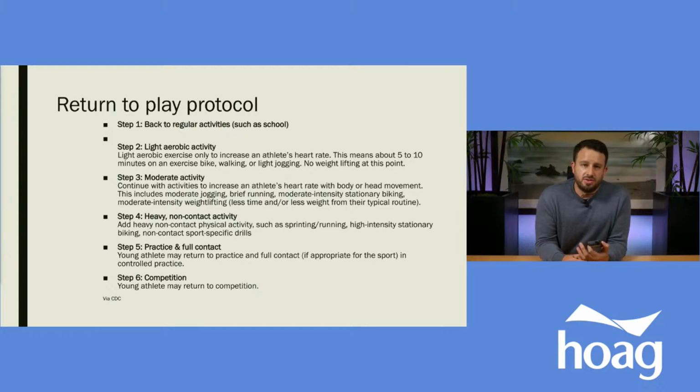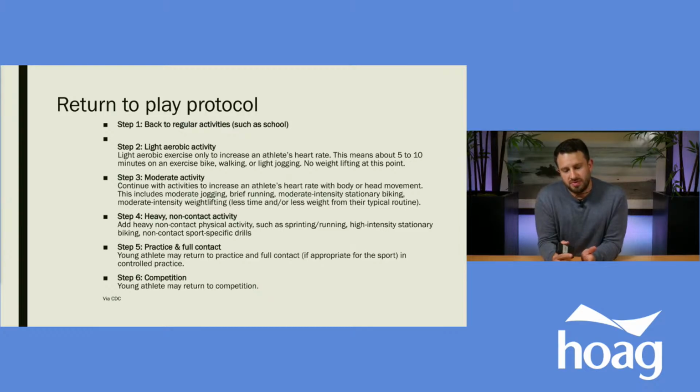And then we move down to what we call heavy non-contact activity. So we start getting them out on the track, sprinting, running, doing soccer drills, taking ground balls in a controlled environment, not really batting practice, because again, we don't want them to get hit again. We talked about their hand-eye coordination getting off a little bit too, so it's important that it's really controlled at each step.